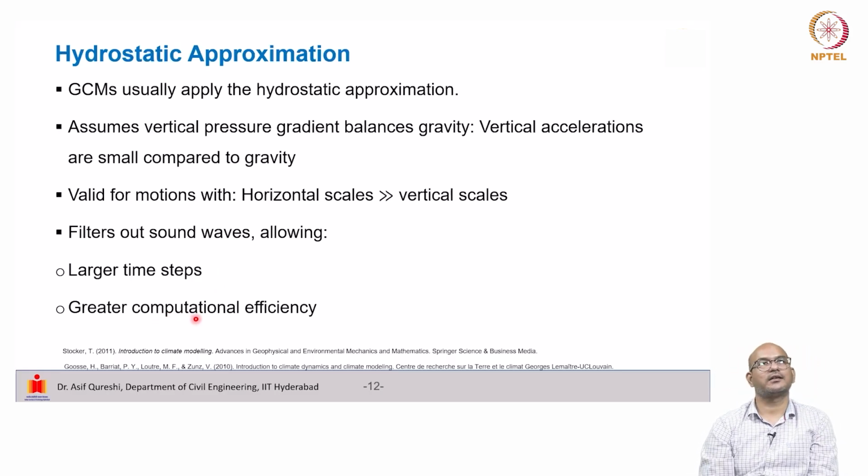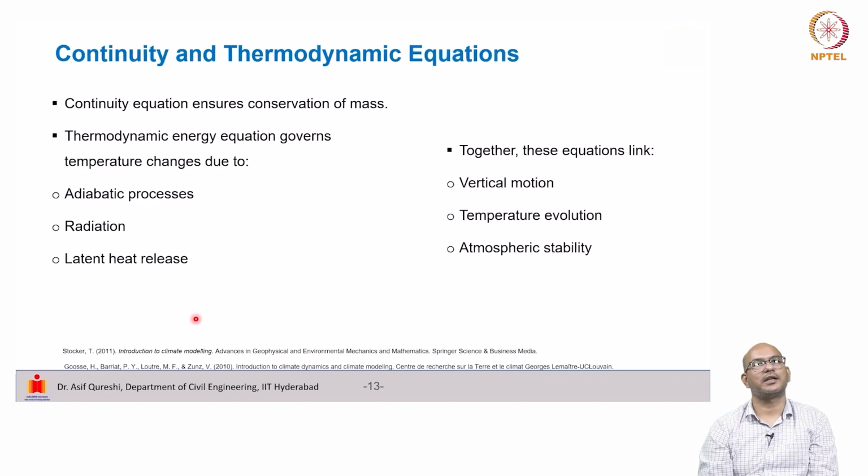Then we have the continuity and thermodynamic equations in these GCMs. The continuity equation, which we already did in the previous week, the derivation of the continuity equation, this ensures the conservation of mass, which is of course a very important property. Then we have the thermodynamic energy equation.